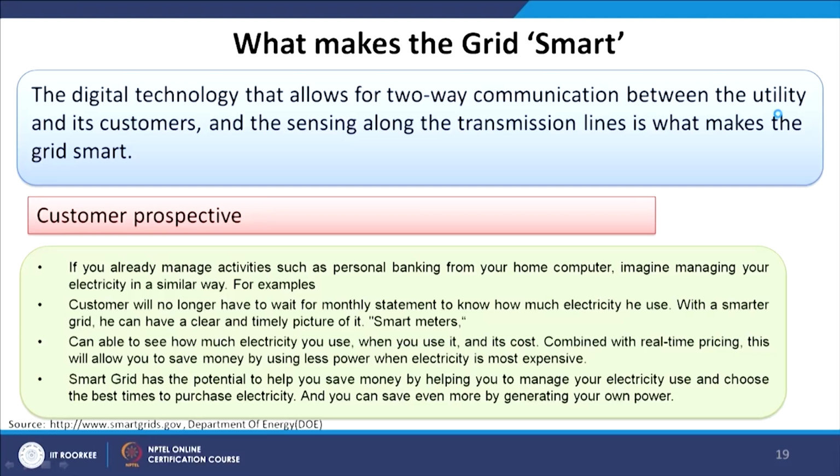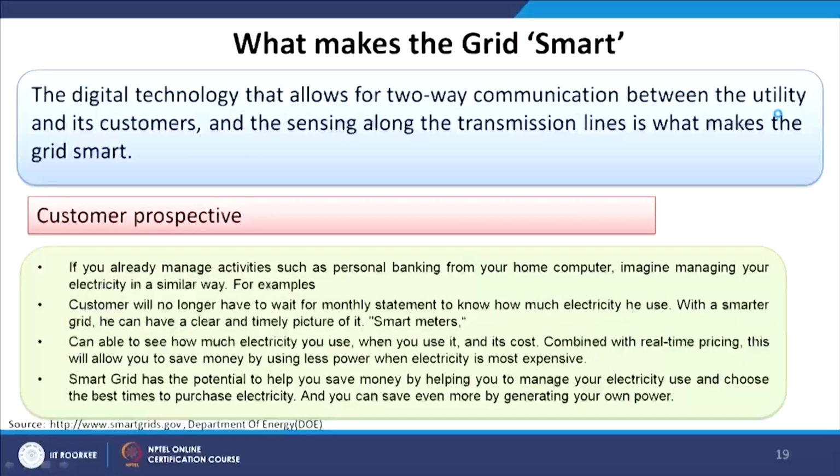Combined with real-time pricing, this will allow you to save money by using less power when electricity is most expensive. It means you can organize your consumption pattern based on the time-of-use energy cost, so that your monthly energy bill can be made as minimal as possible.